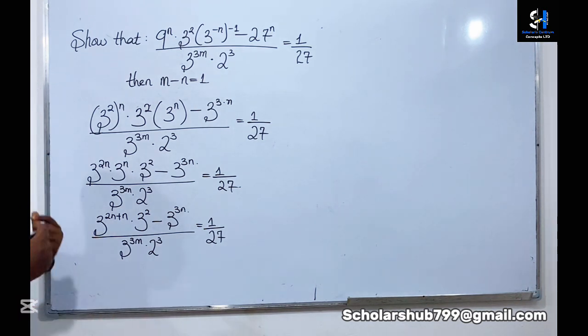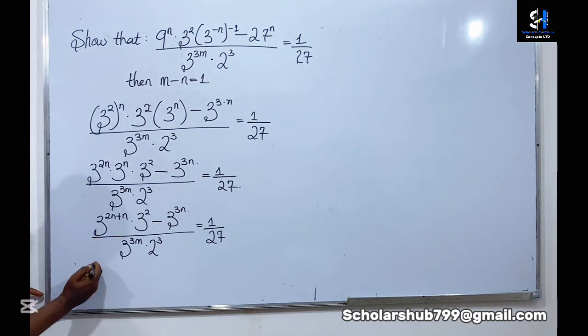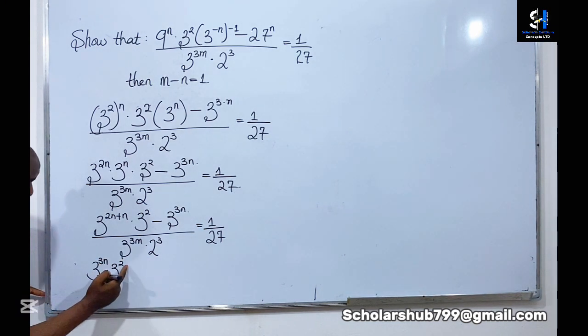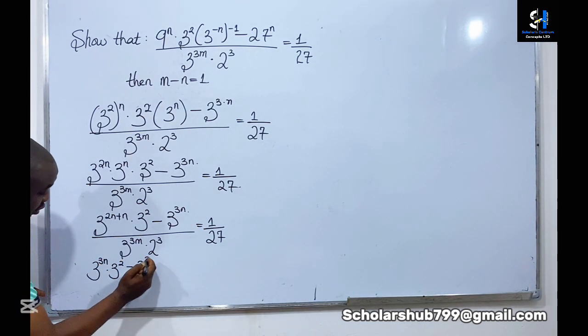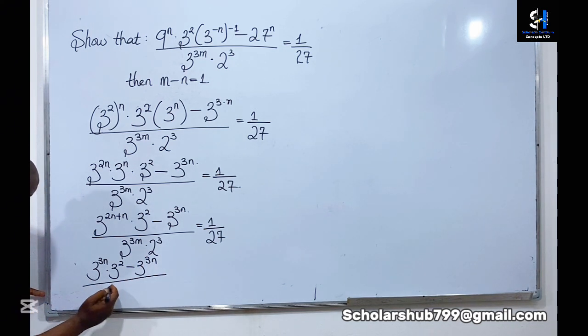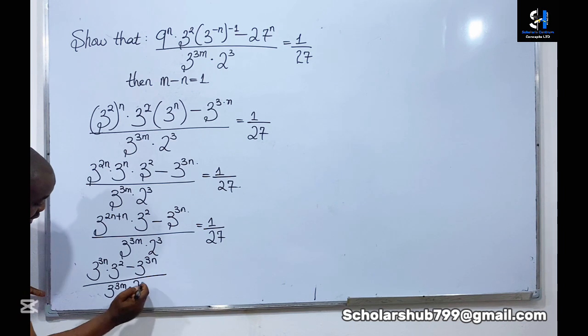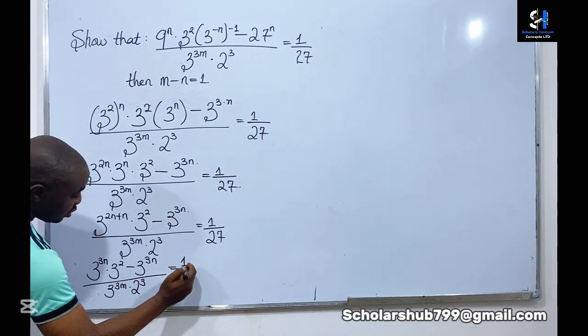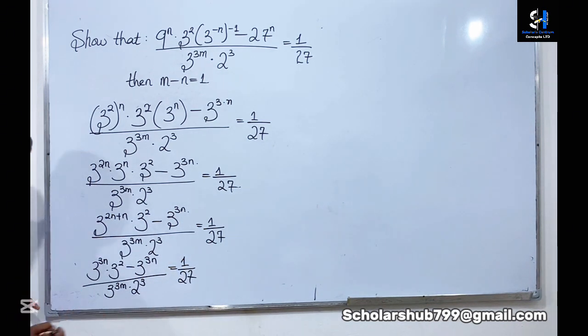All right, so now this is 2n plus n, which is 3n, and here we have 3n as well. So we can factor out 3 raised to the power of n. So this will be 3 raised to the power of n times 3 raised to the power of 3n multiplied by 3 raised to the power of 2 minus 3 raised to the power of 3n, divided by 3 raised to the power of 3m multiplied by 2 raised to the power of 3 equals 1 over 27.